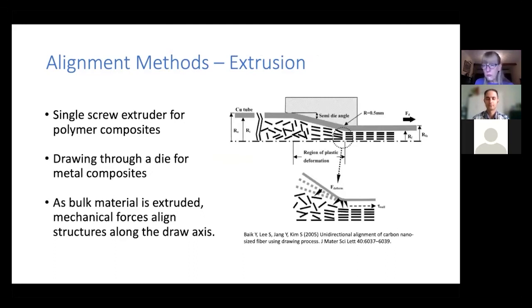You can do multiple extrusions, but if you think about it, in this process, the polymer host or the metal host is not in any significant way constraining. There's no constraint. There are forces acting on the small scale structures that will tend to align them.